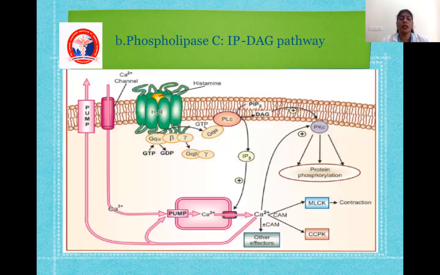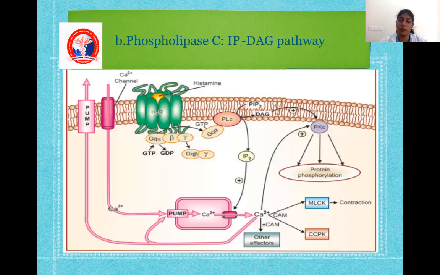Okay. The other will be phospholipase C and IP3, which is Gq. So here we have this green color one, H1R, written as histamine receptor, which is Gq activity. Here the yellow color means the agonist binding site, where histamine will go and bind on it and it will get activated.